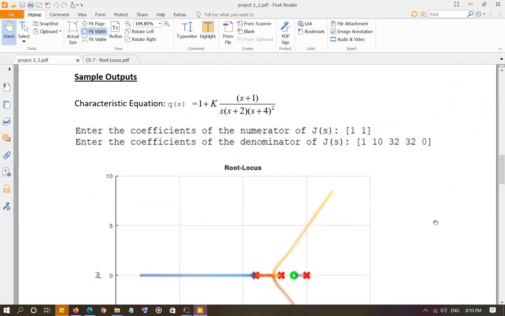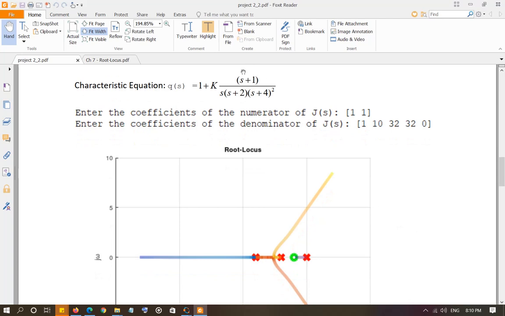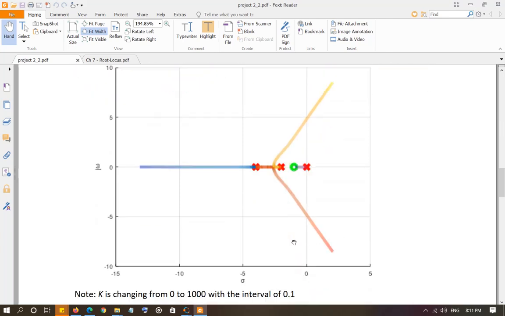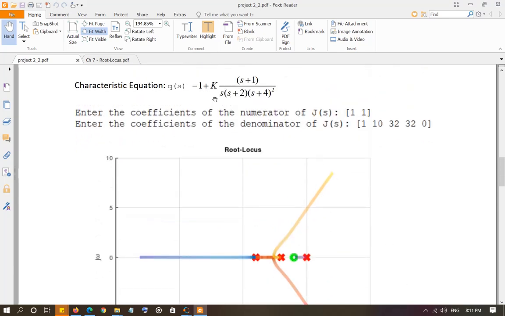So here it is. In this case, PS is s plus 1 over s times s plus 2 times s plus 4 squared. So I have a 0 at s equal to -1, which is right here, and then I have one pole at s equal to 0. This is the pole at s equal to 0.